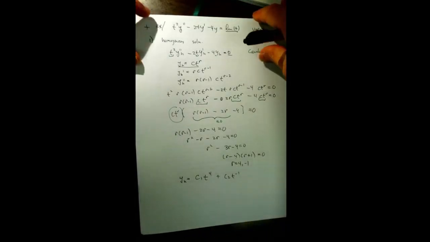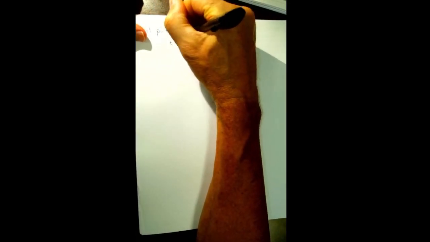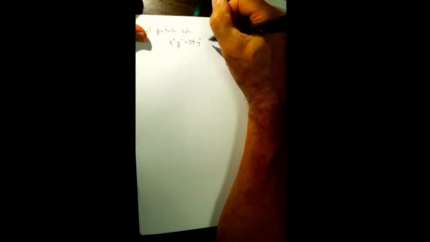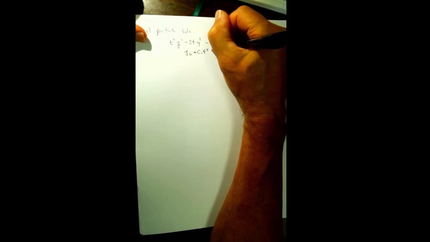All right. So now let's look at the particular solution. So we go back to our original equation. We have t squared y double prime minus 2t y prime minus 4y is log of t. We know our homogeneous solution looks like c1 t to the 4th plus c2 t to the minus 1.